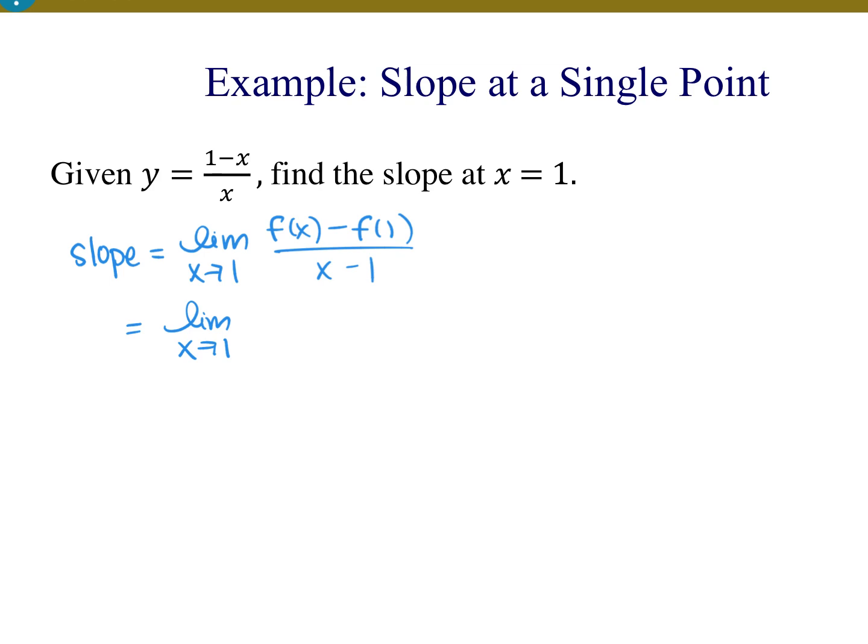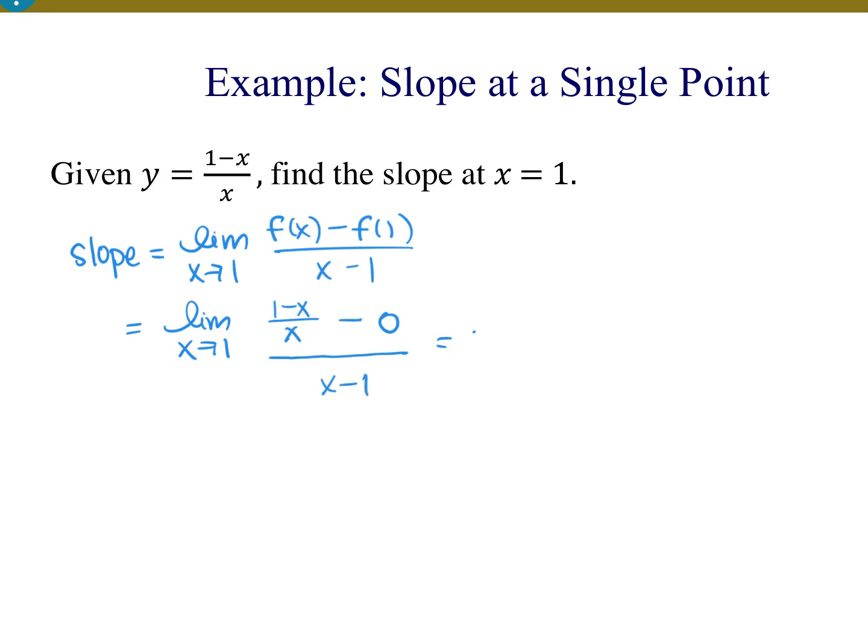So f of x is 1 minus x over x. And then x approaching 1, what will that give me? If I plug in 1, it will give me 0. Is that a problem? No, it's not a problem as long as I don't get 0 over 0, over x minus 1.